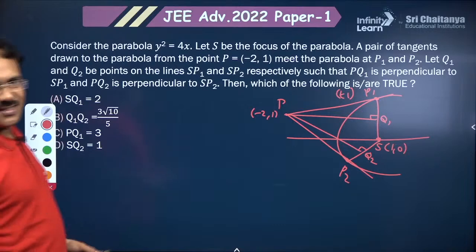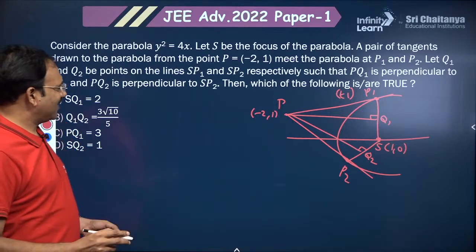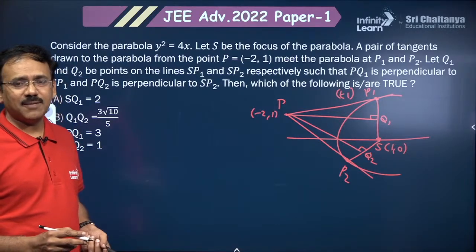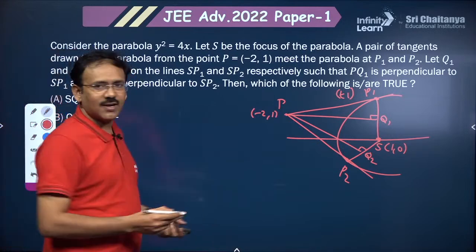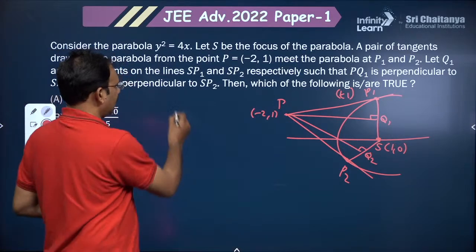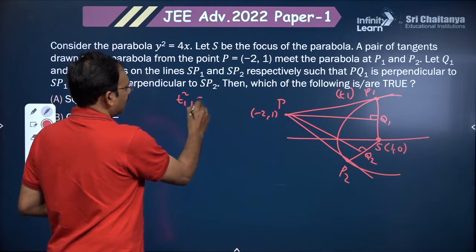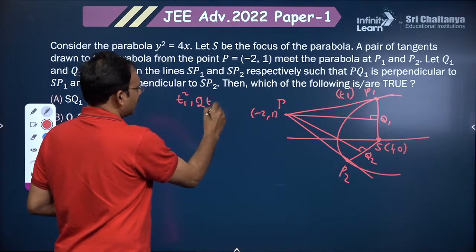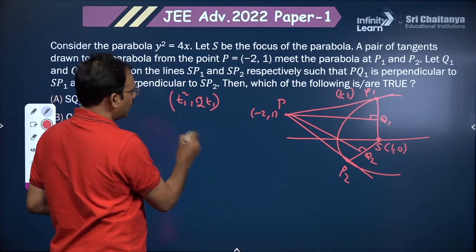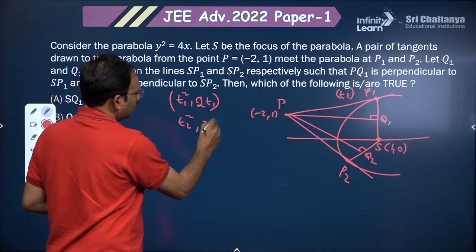Yeah, dear students. You see, now if you take the point P1 as a T1 square comma 2a T1, anyhow a is 1, so it becomes T1 square comma 2T1. Suppose P2 is another point, T2 square comma 2T2.